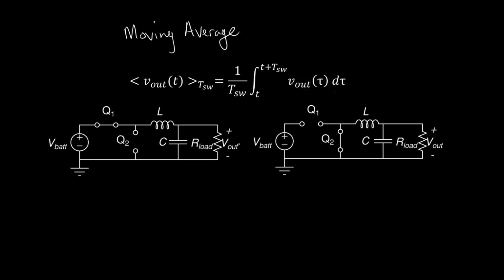So these are the two switching states of the buck converter. The way we derived the buck converter was by trying to connect it to the idea of a voltage divider. With the voltage divider, we used a resistive element to regulate an output voltage. In particular, we used a transistor as a resistive element.